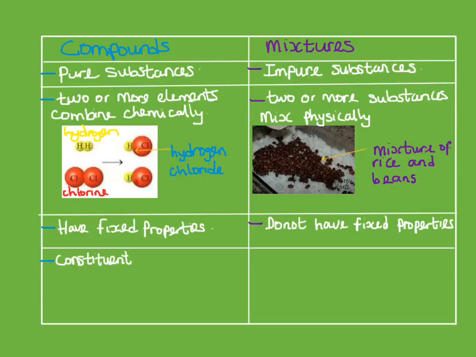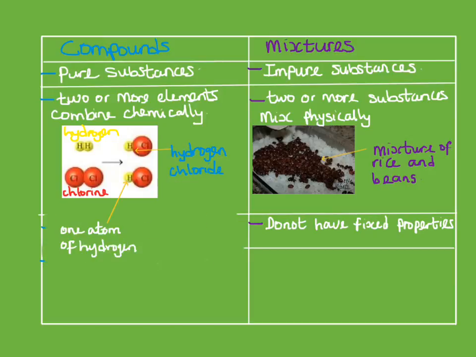The constituents of a compound are present in a fixed ratio. For example, we have the compound hydrogen chloride. In this compound, we have one atom of hydrogen and one atom of chlorine. They combine in a fixed ratio of 1:1 to form the compound hydrogen chloride.